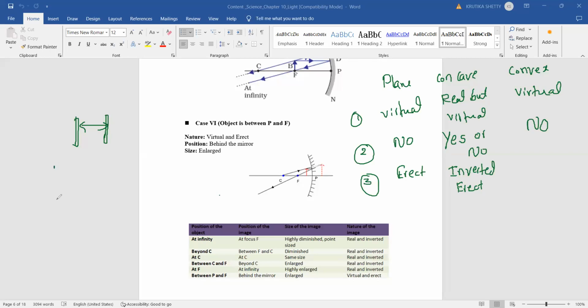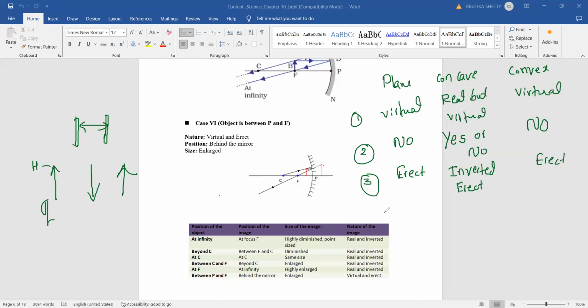Suppose you stand in front of the mirror and this is your head. Erect means you will get the same one, the head and leg positions will be the same. Inverted means it is reversed. For the convex mirror, again it is erect.